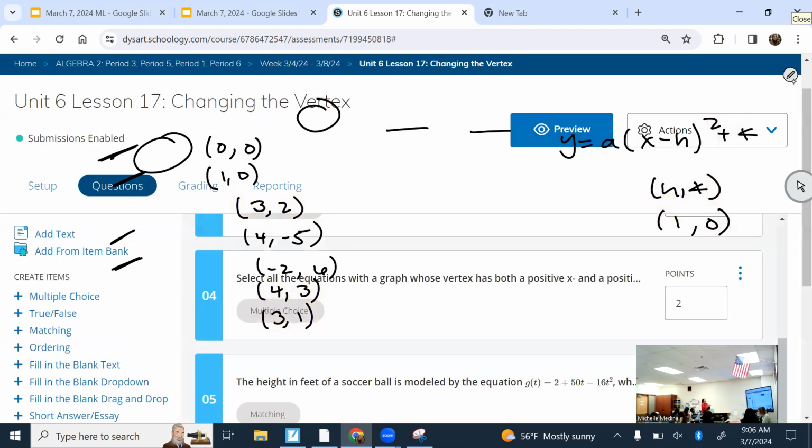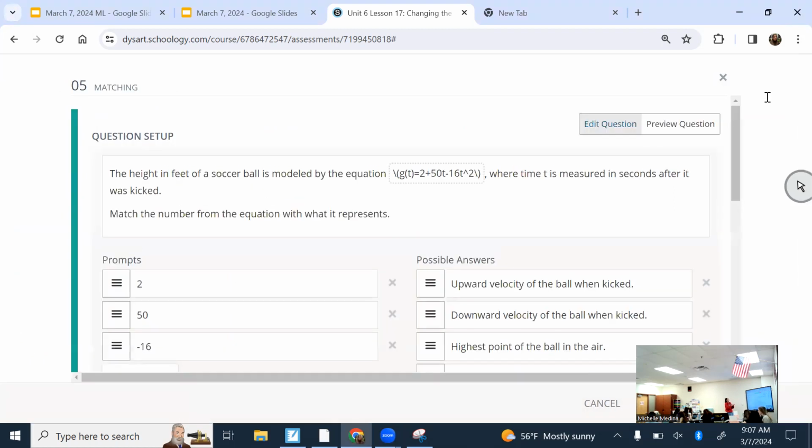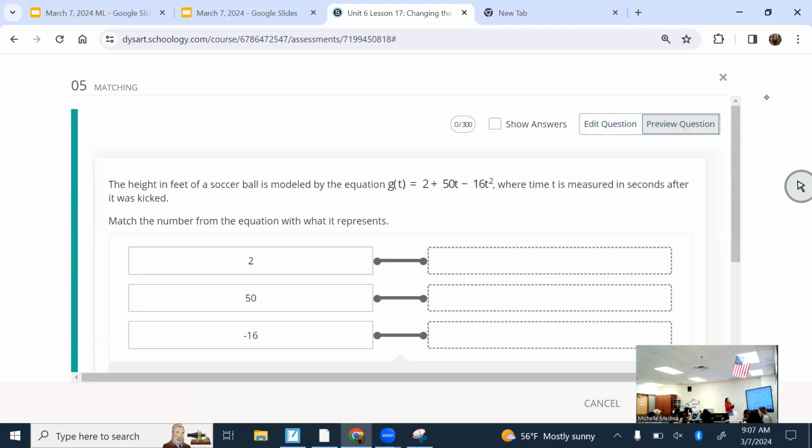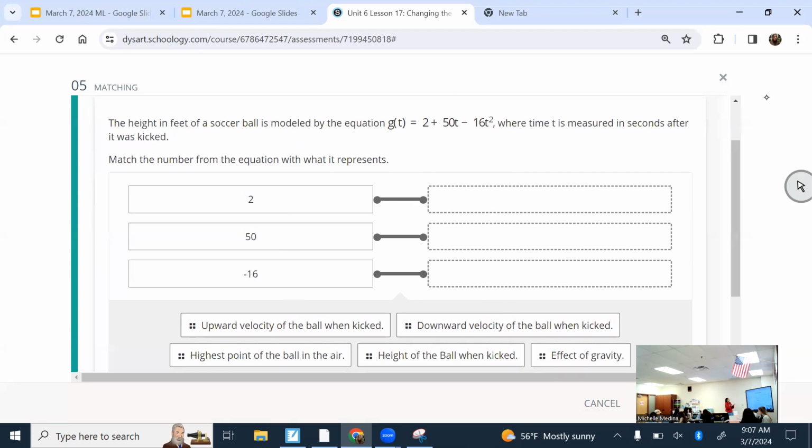So then, number 5 on today's practice. We have the height in feet of a soccer ball is modeled by this equation, where time is in seconds after it was kicked. We're going to match the number from the equation with what it represents. So remember this fact for any sort of projectile motion problem.